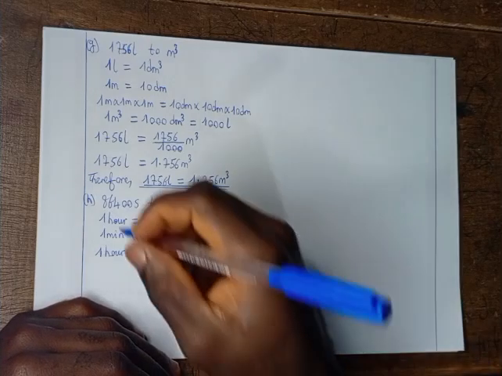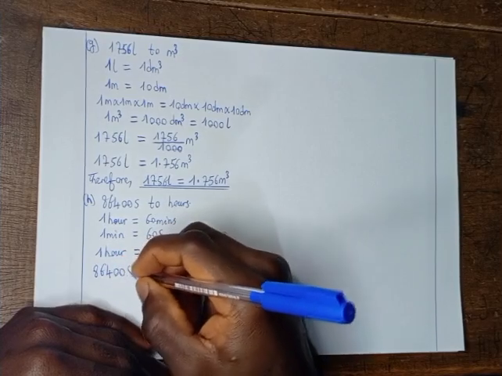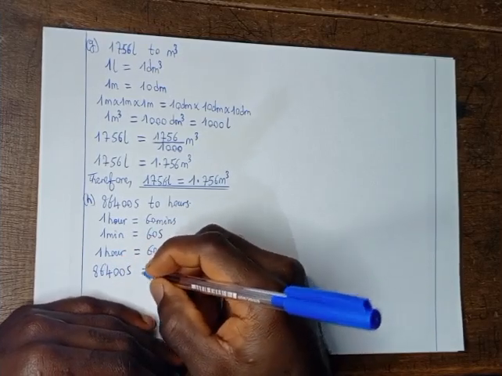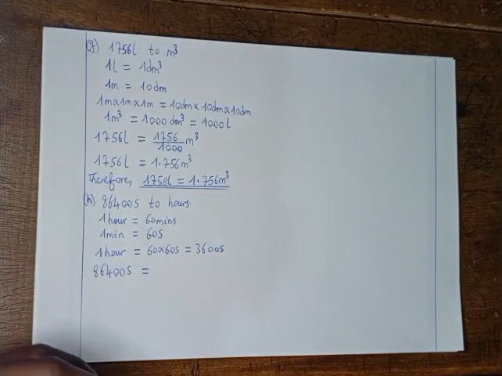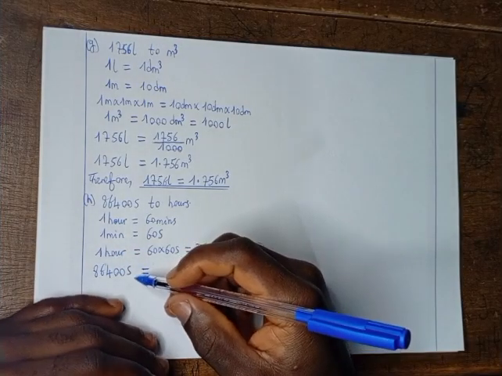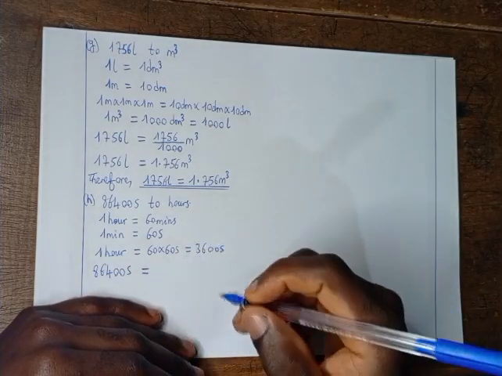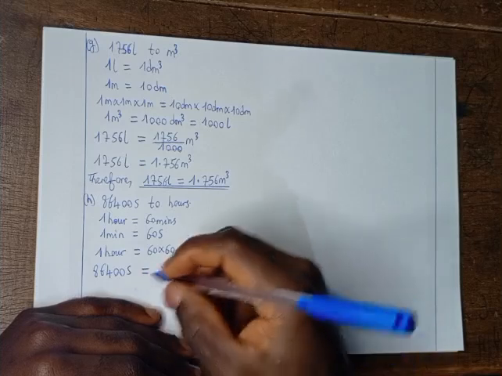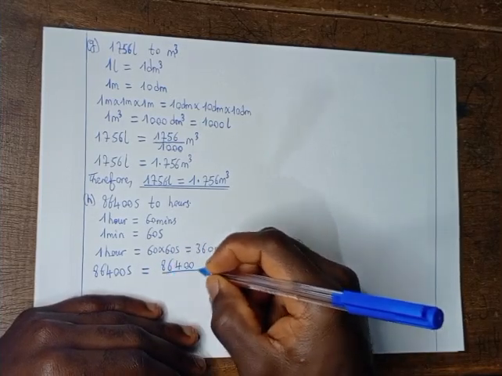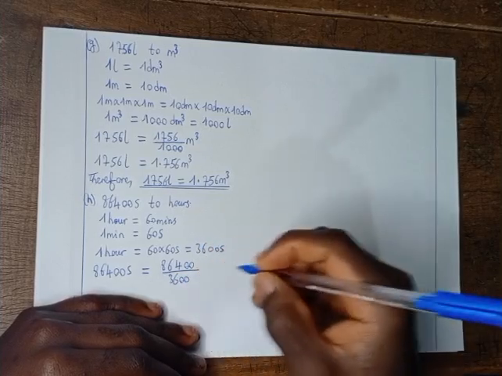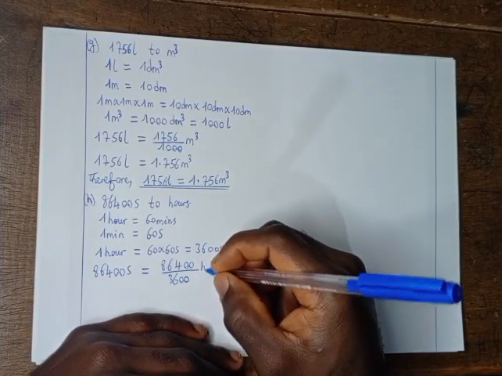Now, for us to convert 86,400 seconds to hours, we are changing from a smaller unit to a higher unit. Seconds is a smaller unit, while hours is a higher unit. So we are going to divide 86,400 by 3600. And here, the unit will simply be hours.